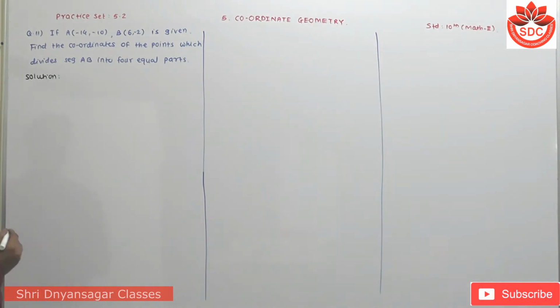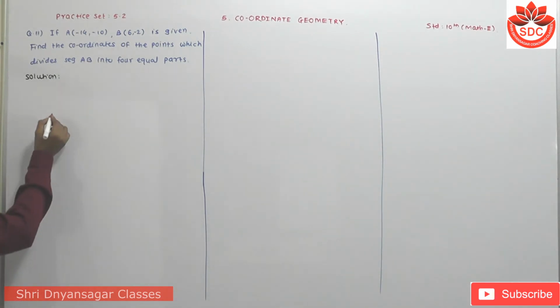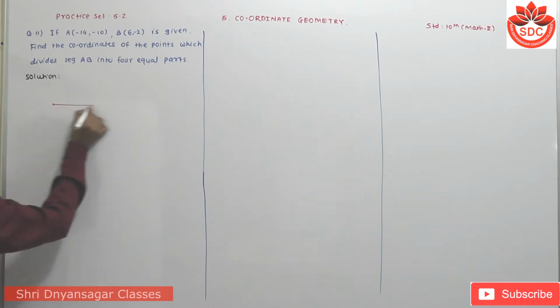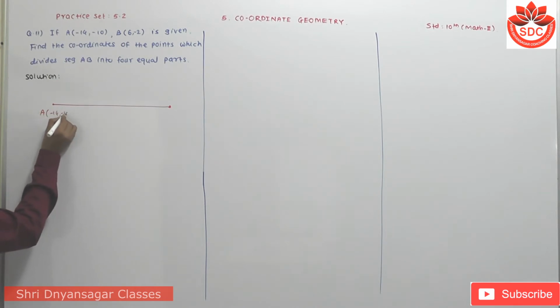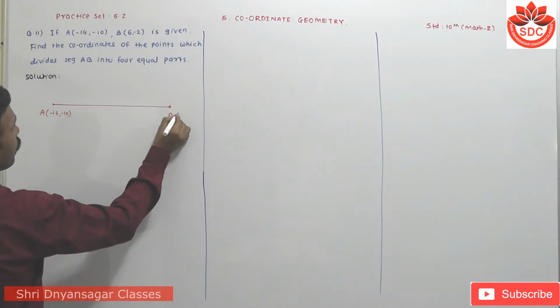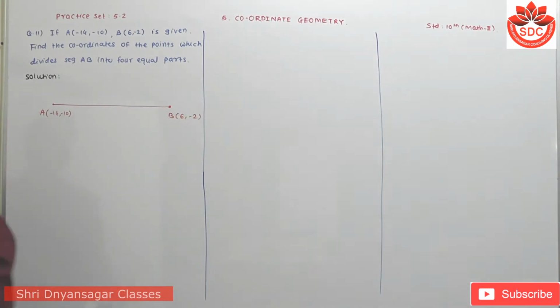Now A lies in the third quadrant and B lies in the fourth quadrant. So I have to take one straight line here. Suppose A has coordinates minus 14, minus 10 and B has coordinates 6 and minus 2.